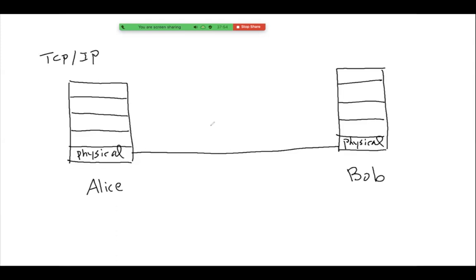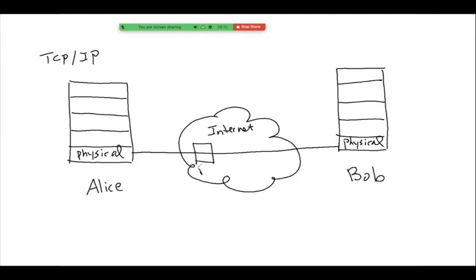Instead, it will go through the internet, through a bunch of routers. So this is router A, and then you may also need to go through router B. So you would need to go through a few routers. These signals will go through these routers.